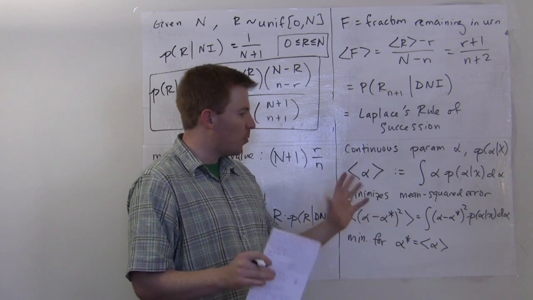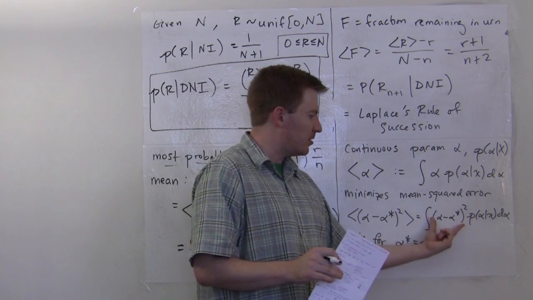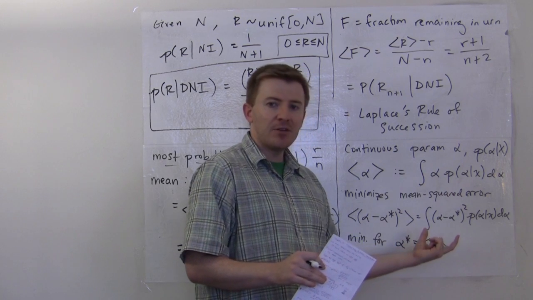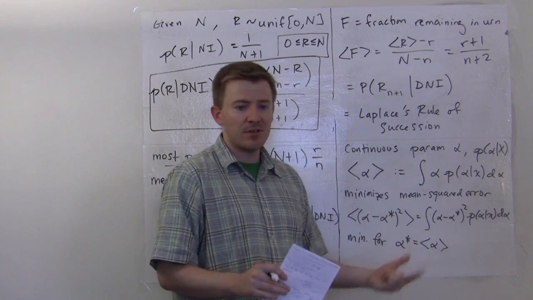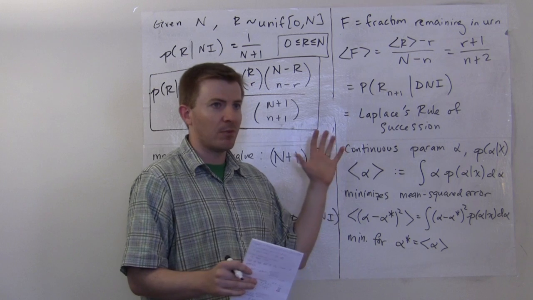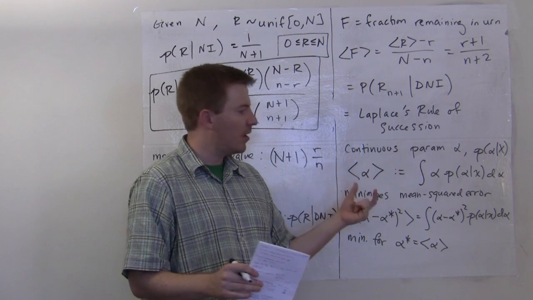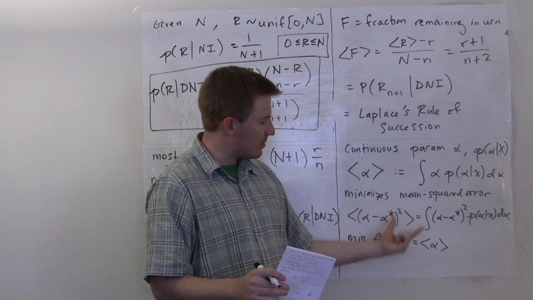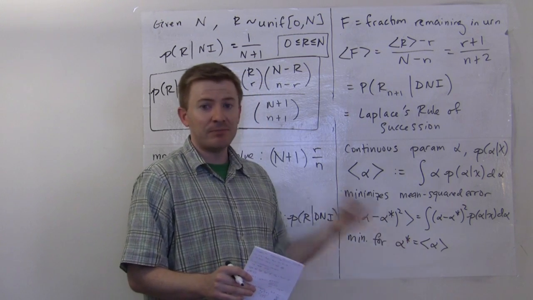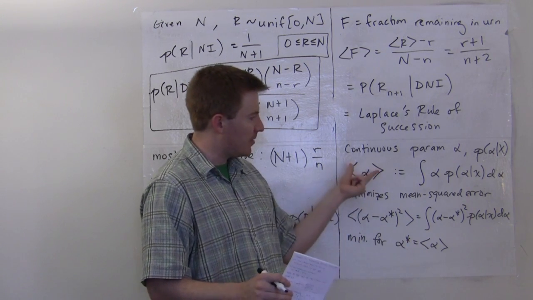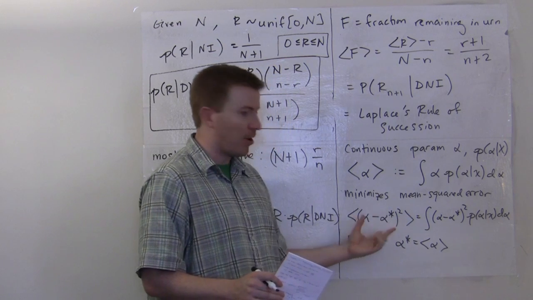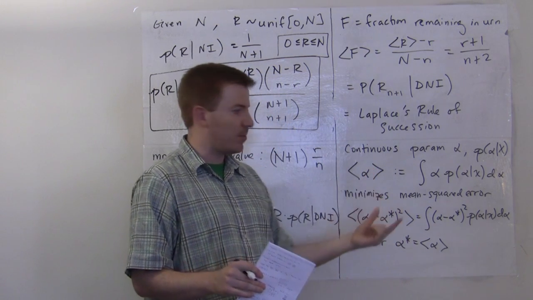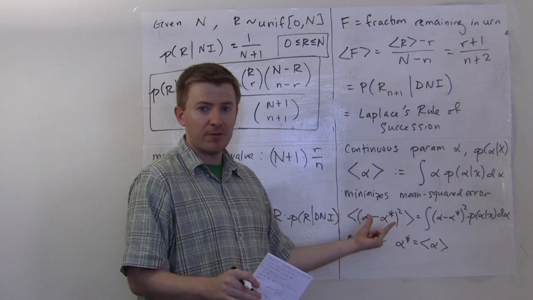If you were more inclined to use absolute value differences instead of squared differences, as was the case when Laplace and others first came up with this, what you'd end up with is, instead of the mean value, the median. It turns out that the median of the distribution minimizes the error if you write it in absolute value terms instead of squared difference terms.